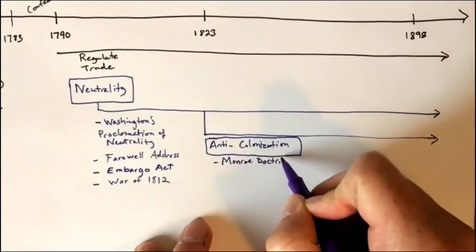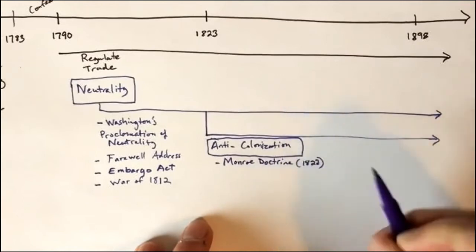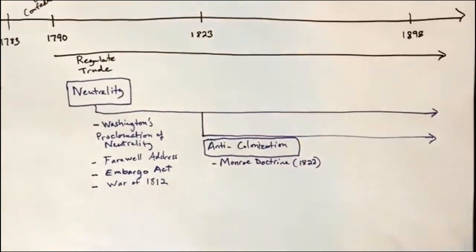Now, after the Napoleonic Wars, there were fears that European countries would try to come back into the Western Hemisphere, into the Americas, and start recolonizing it.